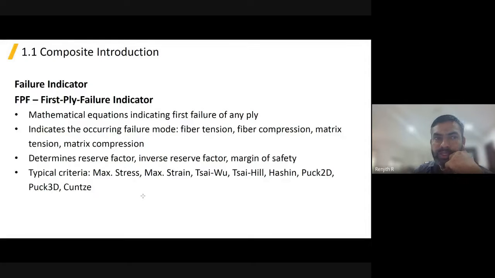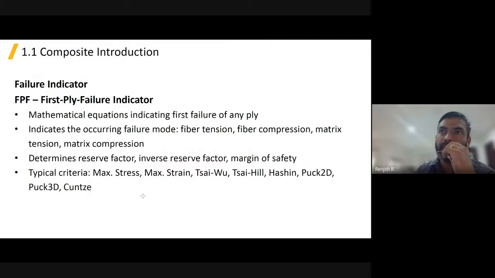How to find out the failure: for an isotropic material, it is an easy business, because if we do the tension test, we can easily get the yield strength. But to find out the failure of an orthotropic material, we have to rely on some complicated failure theory. Normally, there is a trend to find the von Mises stress, that is equivalent stress, for a composite material, but it is not correct.